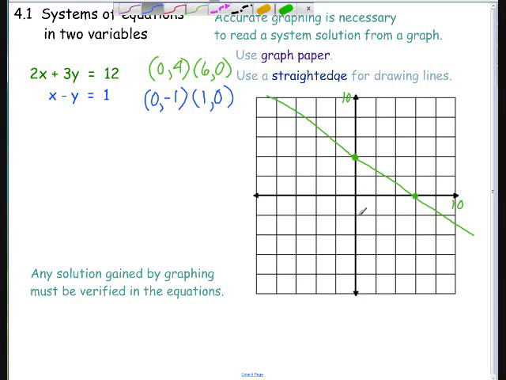When x is 0, y is -1. Oh, except that doesn't match my scale, does it? When x is 0, here's my -1. These are 2-by-2s. How quickly I forgot. When x is 1, y is 0. So here I've got this line.